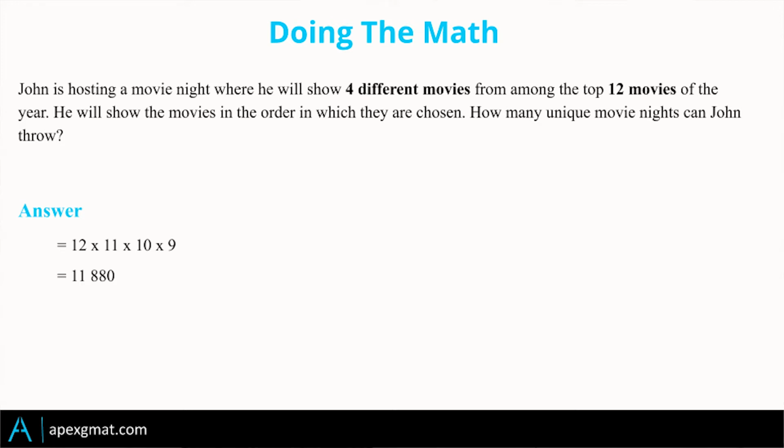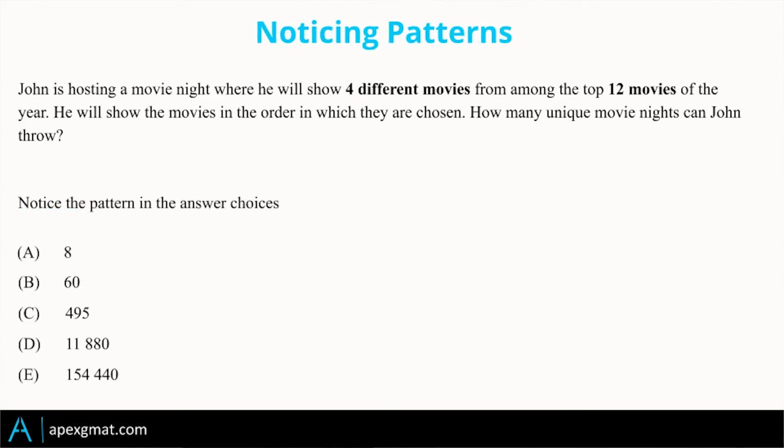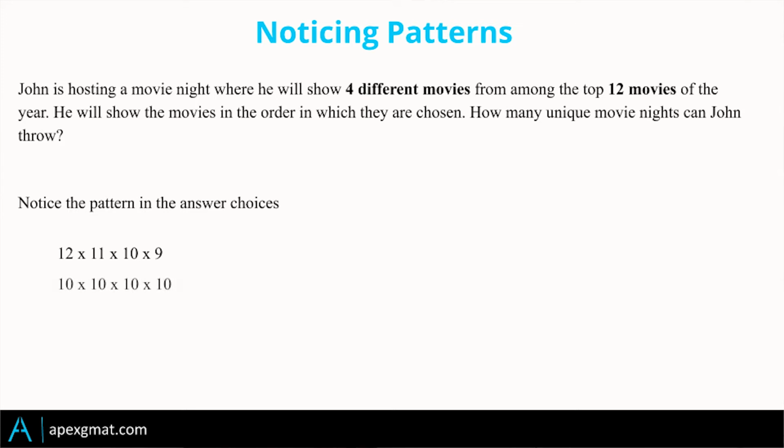And so we can look for features that allow us to skip doing that heavy math. We've got this really neat triangular shape in the answer choices, where each answer has a different number of digits in it. Looking at 12, 11, 10, 9, on average each one's about 10. The 9 and the 12 sort of compensate. But overall, we're going to have something close to 10 times 10 times 10 times 10.